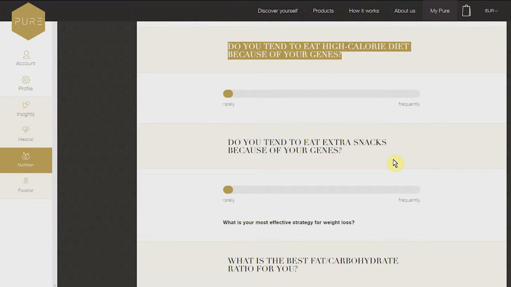So some people tend to eat more snacks than others. You might not even be aware of it. Maybe you're just eating a salad for lunch, but then without being aware, eat a chocolate bar or some crisps. Some people tend to snack throughout the day. And scientists have also found that certain genetic variations lead people to snack all day, while others are more immune to the snacking impulse.